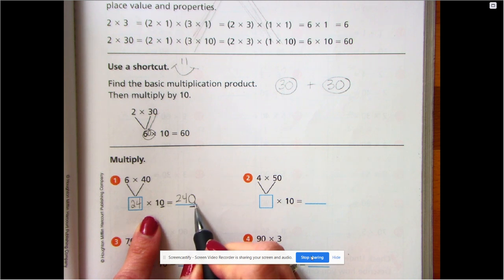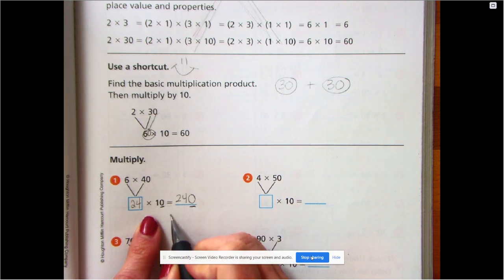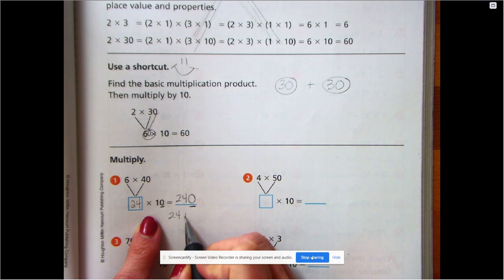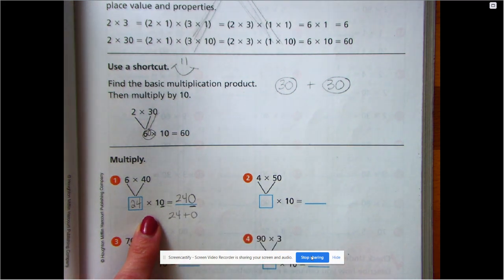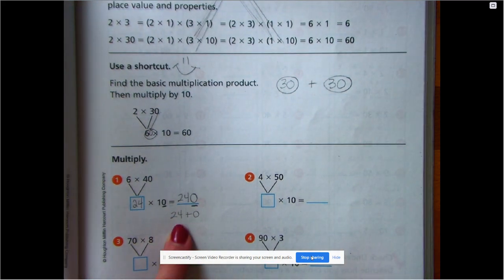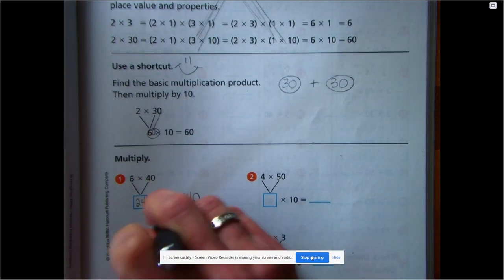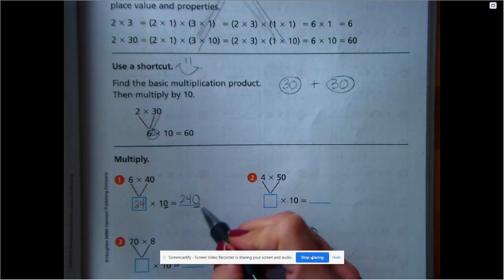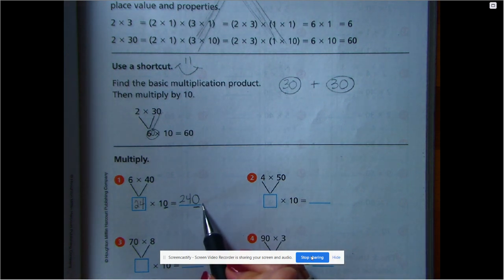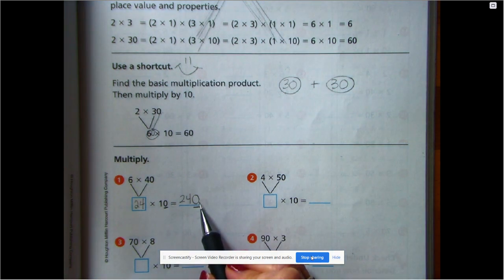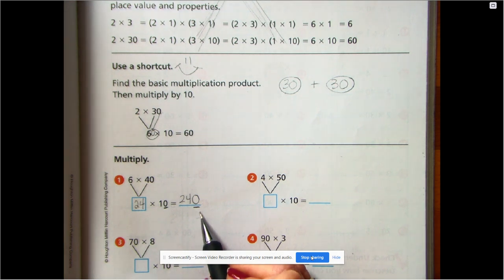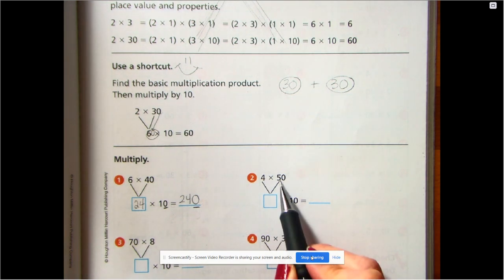I used to say add a 0, and my friends thought it meant 24 plus 0. Well, that's not an answer. It's not a product. So then I started saying tack it on. So we're going to add it to the end and put it back on the number because we're multiplying by multiples of 10.